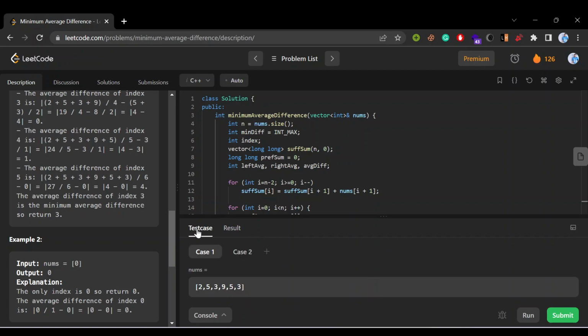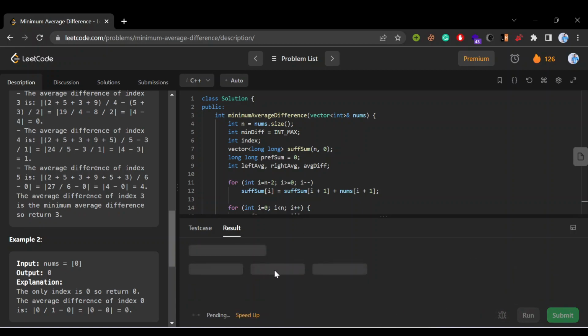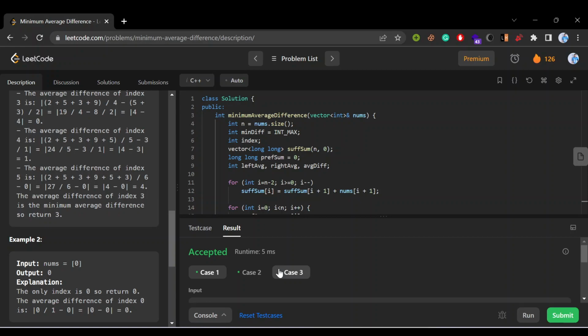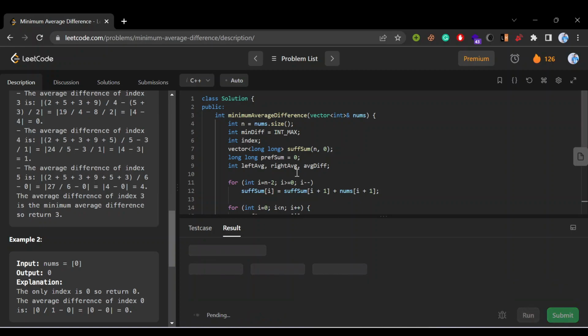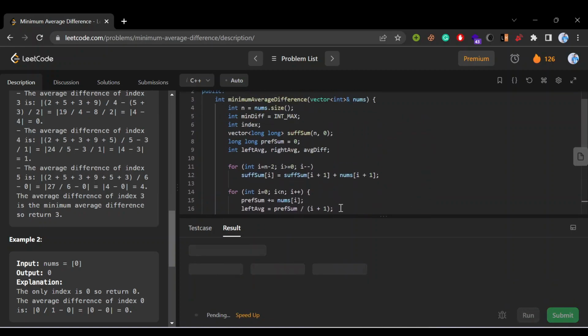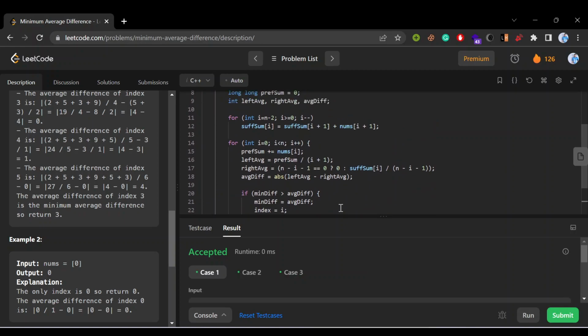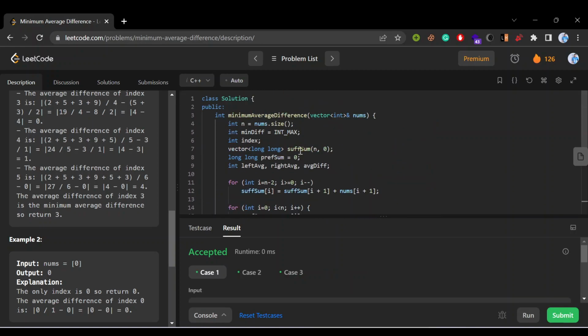Okay, let's add another test case. What if we only have one element? What if the minimum element is... yeah, I think it is fine.